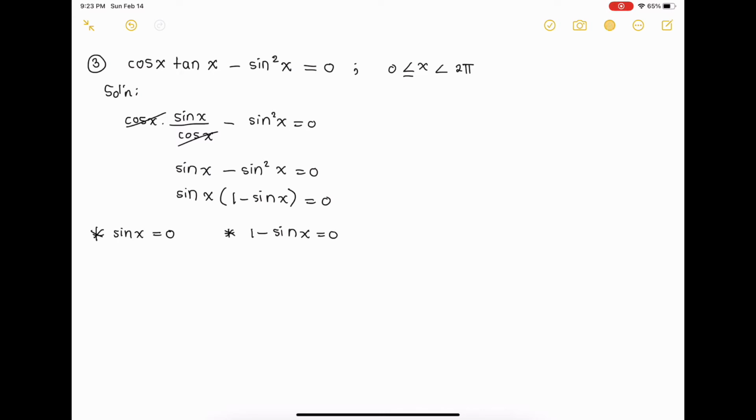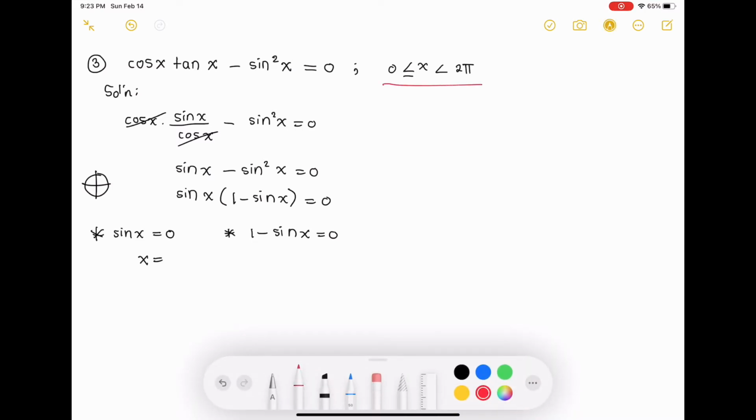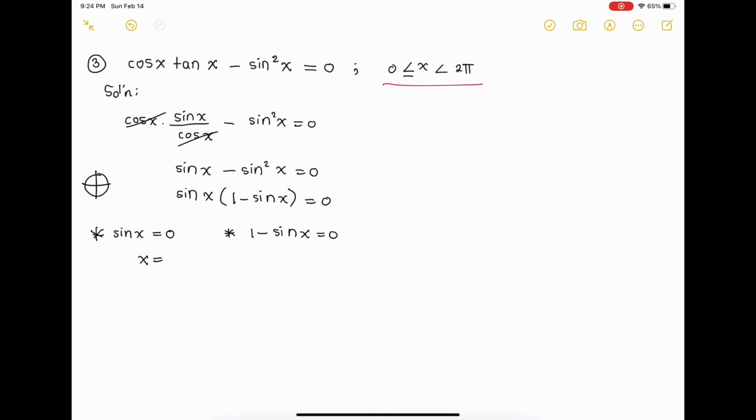Solve for x. For the first part, I'll draw a small circle to locate. Do not forget that our possible answers will only be from x greater than or equal to 0 but less than 2 pi. So for sine x equals 0, x equals 0 and pi. So these are the angles that have a sine of 0.